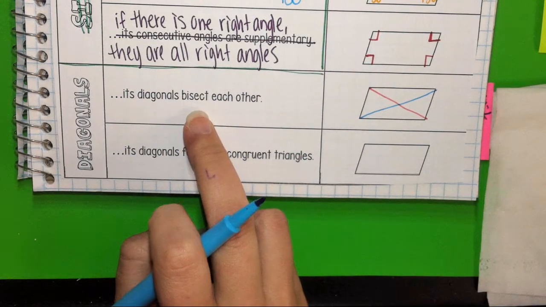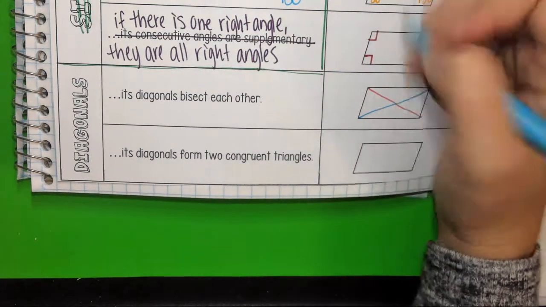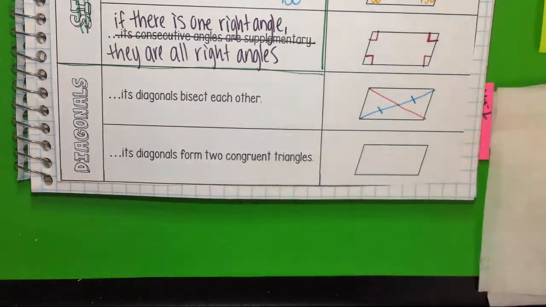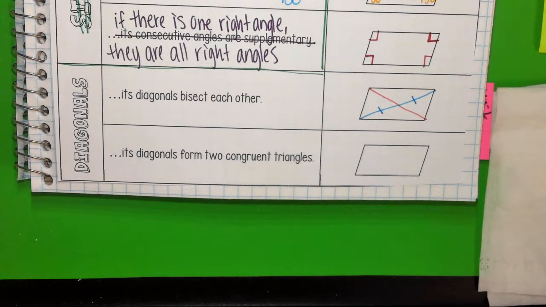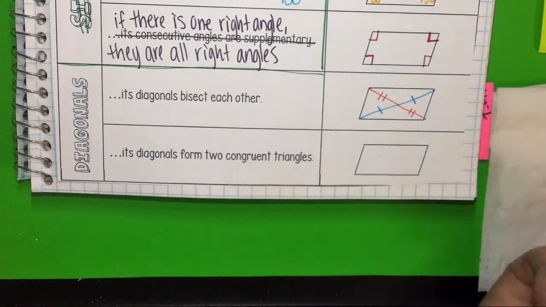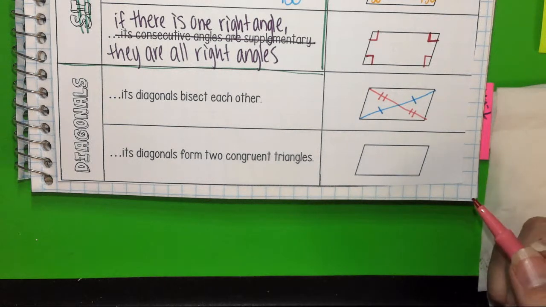Now what does this say? The diagonals bisect each other. And what does that mean they cut in half? Good. So this half down here is going to be congruent to that half. So we use one tick. How many ticks would we use on the other? Two. Because it doesn't say that they're congruent to each other. It just says that they bisect each other. So they cut in half, they meet in the middle.